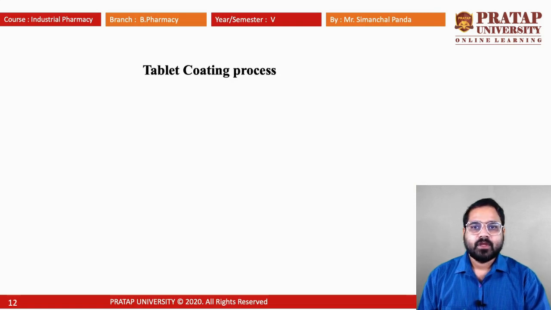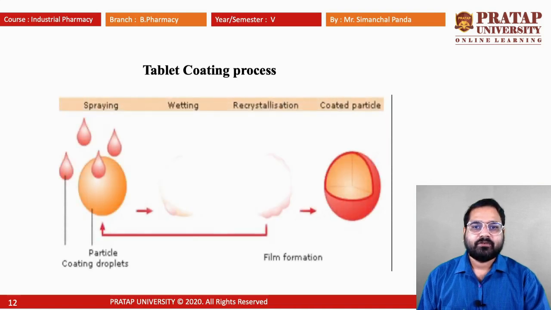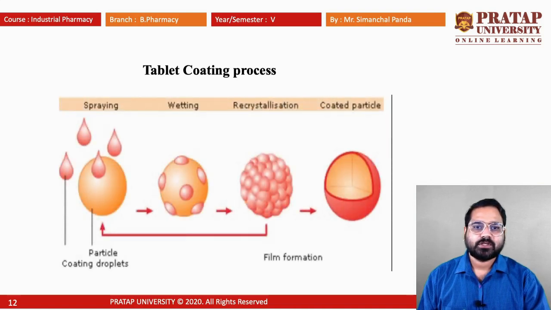So, the tablet coating process will vary from process to process, but the basic mechanism behind the coating is that first we go for spraying, in which the plasticizer and coating material will spread and make droplets over the core material.